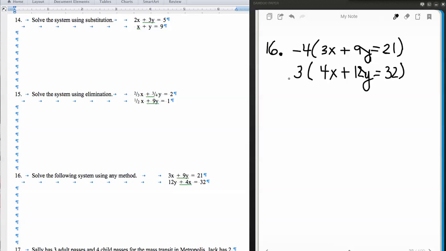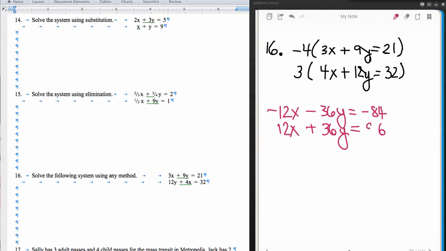And now I can go ahead and rewrite these things. So I have a -12x and a -36y, and equaling a -84. And then in the bottom I have a +12x and I have a +36y, and I have a positive 96.